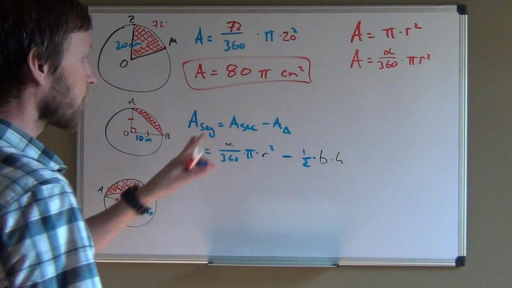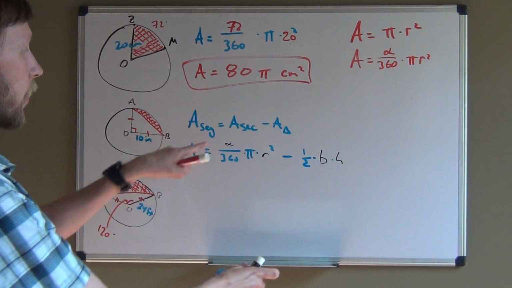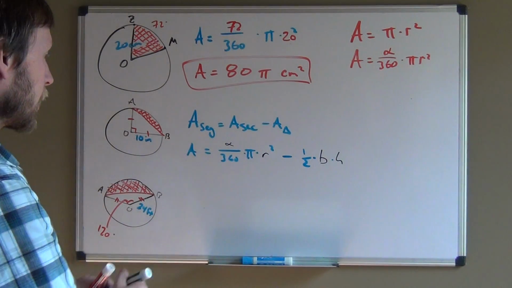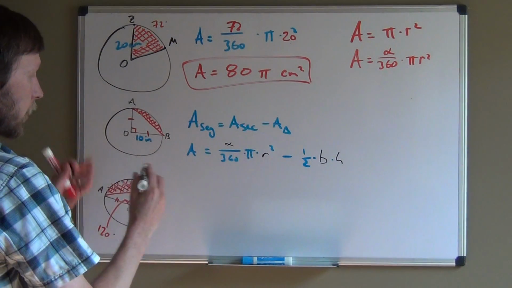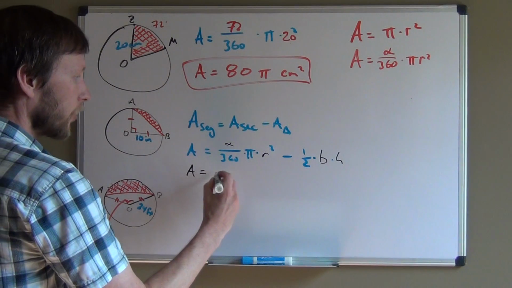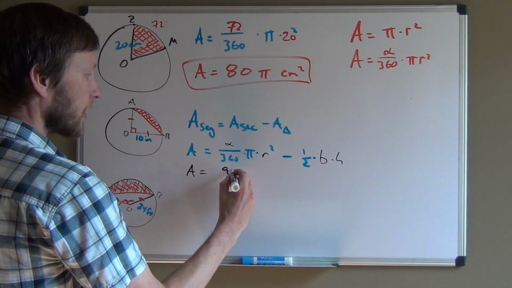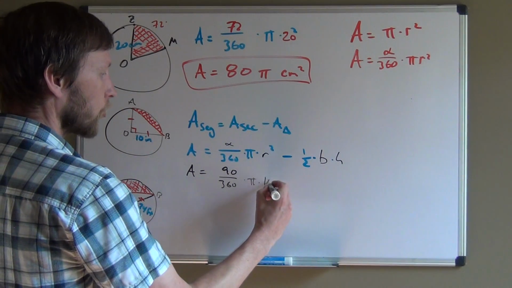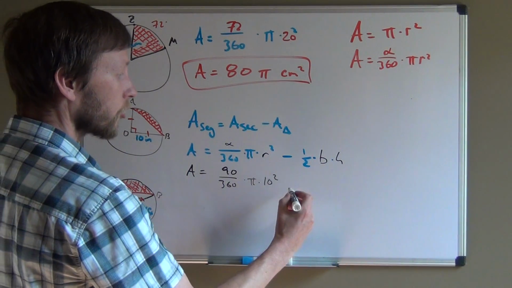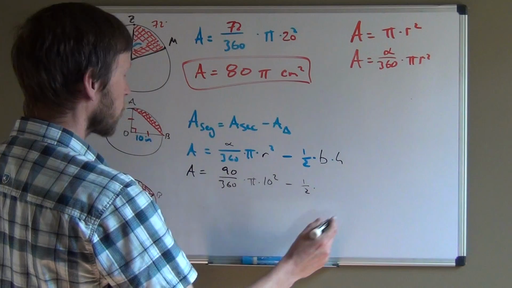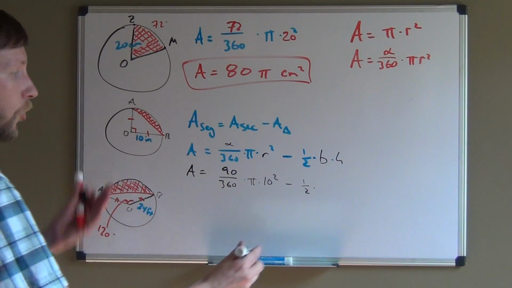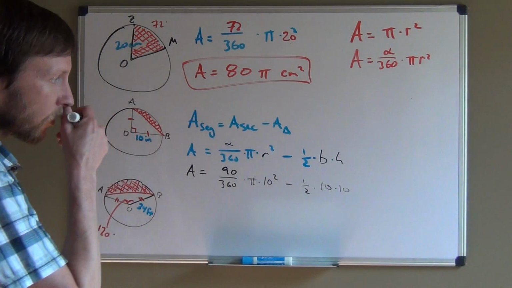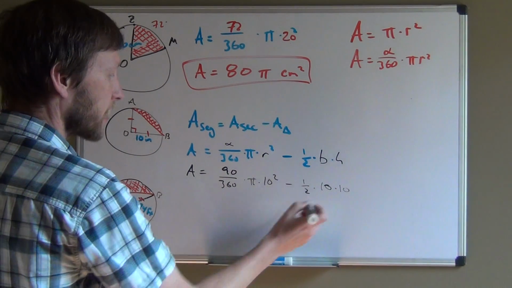All right, and we're going to substitute our values for the measure of that central angle or the measure of that arc and the value for the radius. So for this example right here, we are going to say that the area is 90 over 360 times pi times the radius of 10 inches squared, but then we're going to subtract 1/2 of the base times height. This is a right triangle, so the base and the height in this isosceles right triangle are all the same.